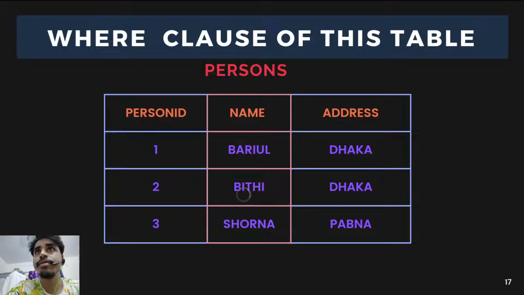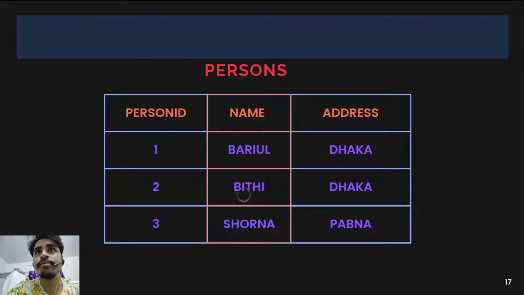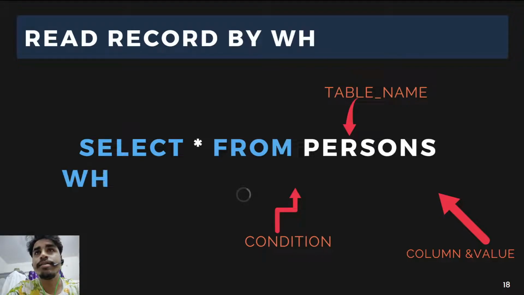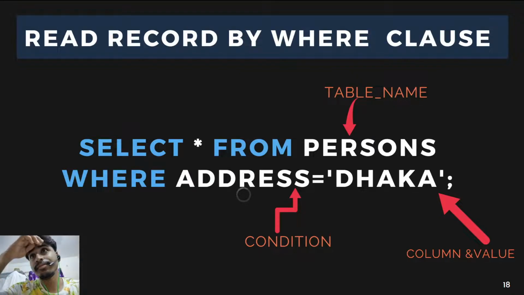And let's see the where clause. We are going to see the where clause on this table. If we use the where clause for this table, the output will be shown in this format. This is the syntax for that. We are going to search individual data. Here we use Dhaka. All who live in Dhaka, their values will be shown.